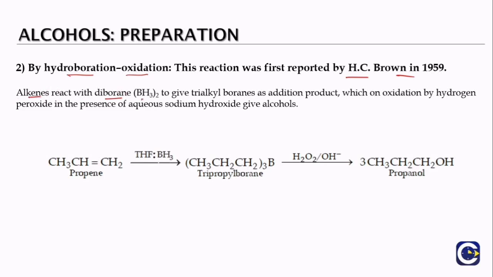Alkenes react with diborane to give trialkyl boranes. In the first step we get trialkyl boranes as the addition product, and this then undergoes oxidation with hydrogen peroxide in the presence of aqueous sodium hydroxide, and we get alcohols.